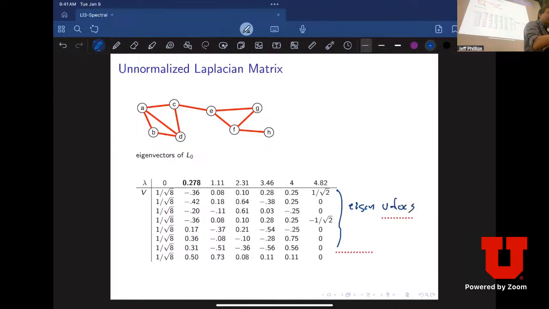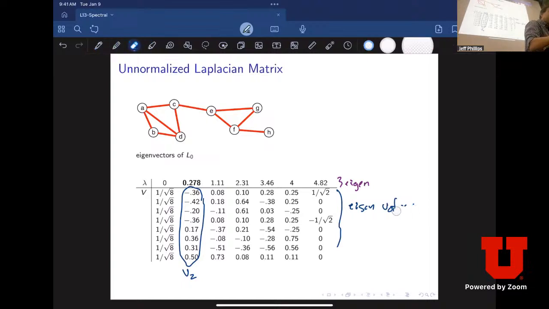So for instance, this one will be important. This will be the second eigenvalue, V2. And these will be the, I wrote the wrong thing there. These are the eigenvectors, I'm sorry.